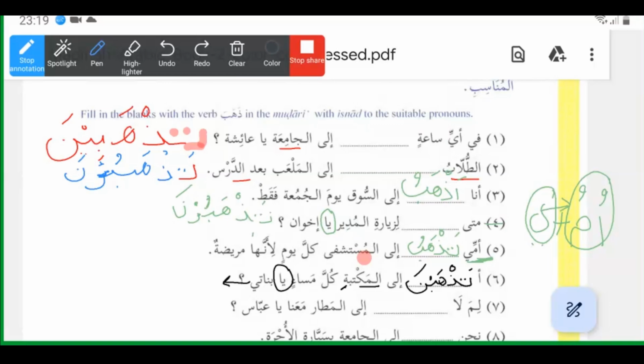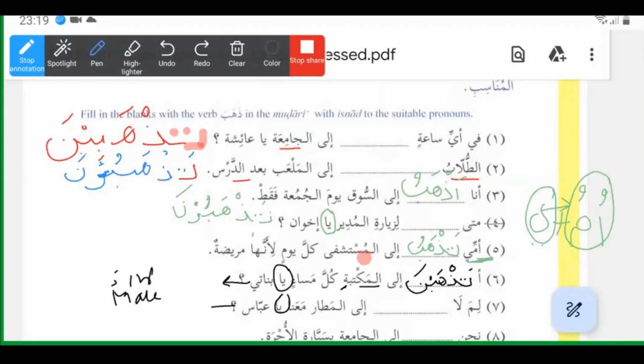Then coming on to the next, لما لا تذهب إلى المطار معنا يا عباس. لما, why are you not going to the airport, إلى المطار, with us, oh Abbas. Again ya Abbas came. Now Abbas is a muzakkar, number 1. Number 2, Abbas is second person, yani it is mukhatab. And it is singular.